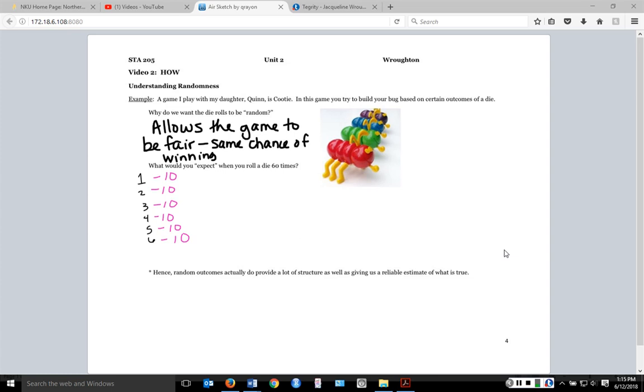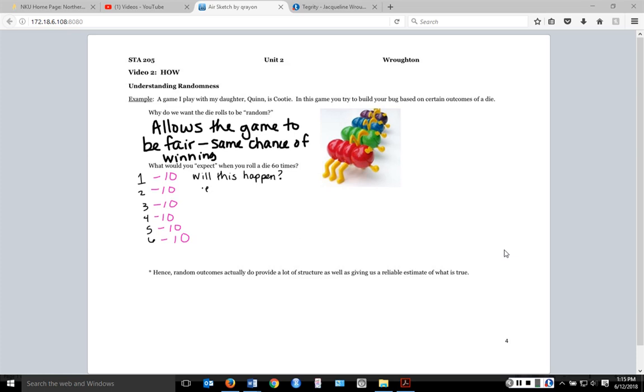Now, a question we want to ask ourselves after this. Right, this is what I expect to see. If I do actually roll the die 60 times, will this be what actually happens? I mean, even if the die really is fair, am I going to get exactly 10 of each of the numbers every single time?